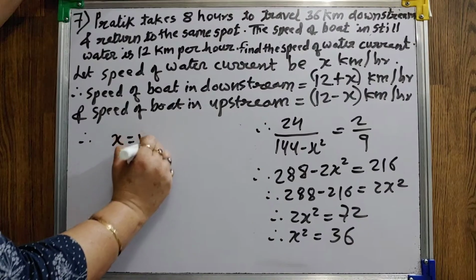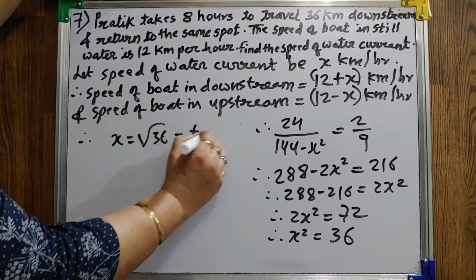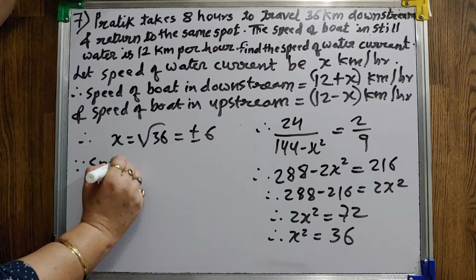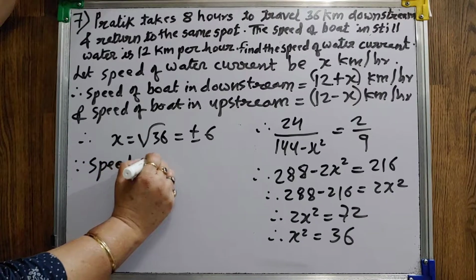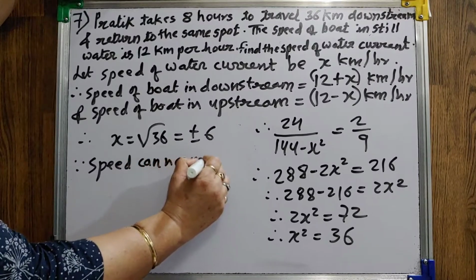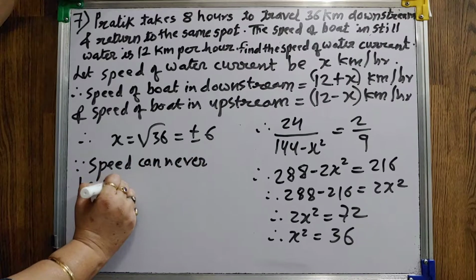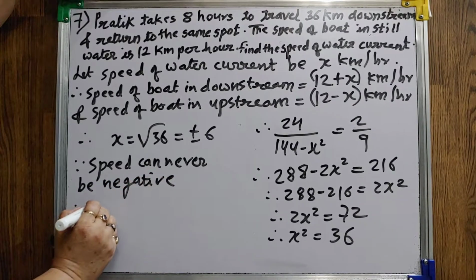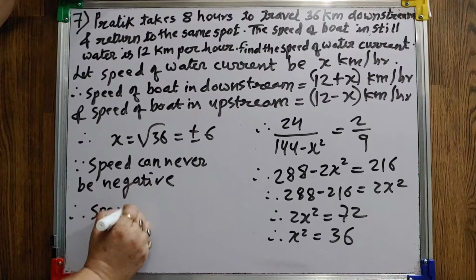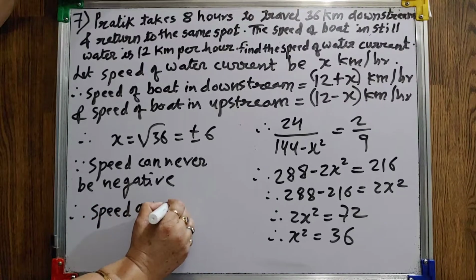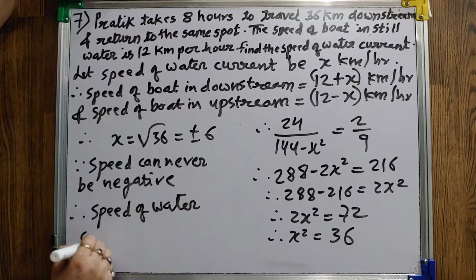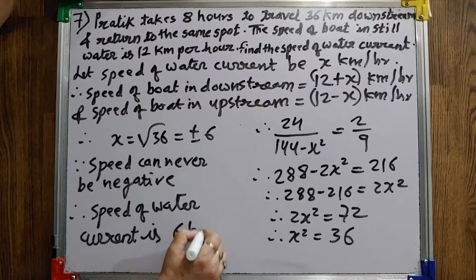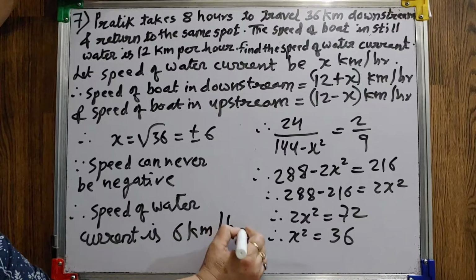Therefore, x will be root 36, that is plus minus 6. Since speed can never be negative, therefore the speed of water current is 6 km per hour.